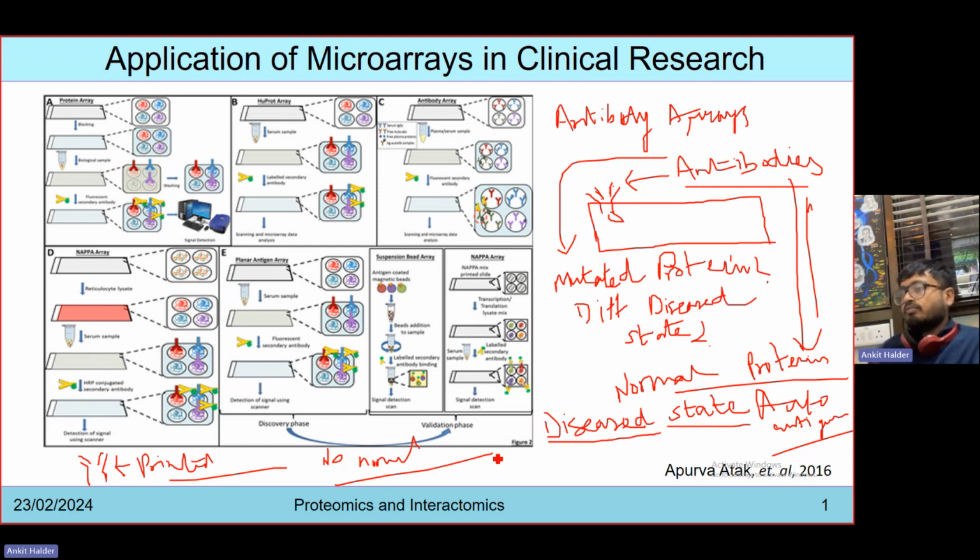But if there are any autoantigens, they can go and bind to it, and we can get the autoantigen profiling.